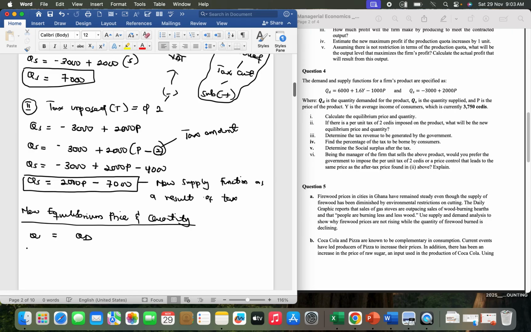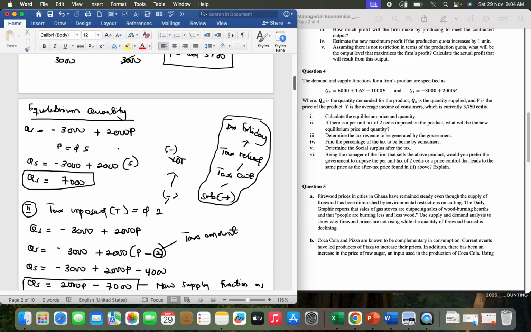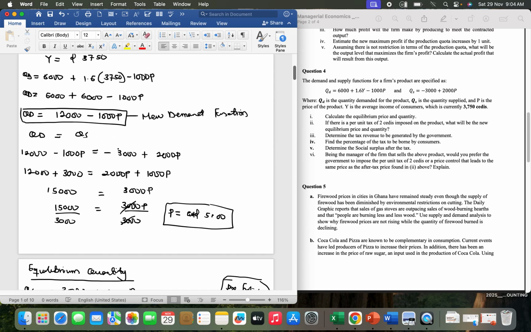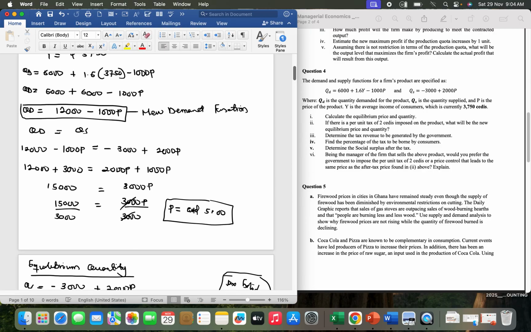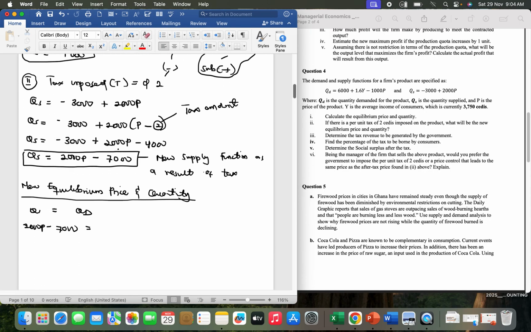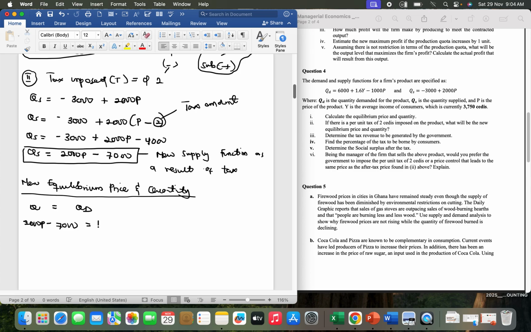The new supply function was 2000P minus 7000, and the demand function we had was 12,000 minus 1000P.